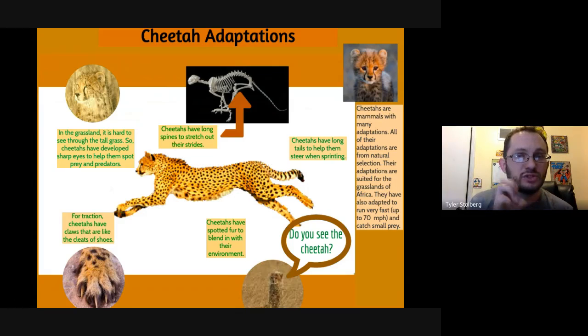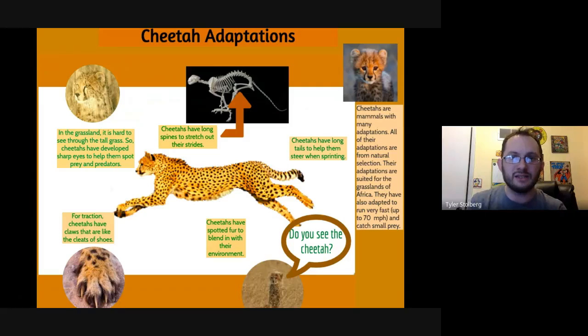So cheetahs have the same thing. They also have those long spines that help them stretch out as they're running, and they really can get their back legs up there and push to make them so fast. They have really good eyesight, and they have a tail that they can use to help them steer when they're moving so fast so that they go in the right direction. So this is all about a cheetah and the adaptations it has to survive.